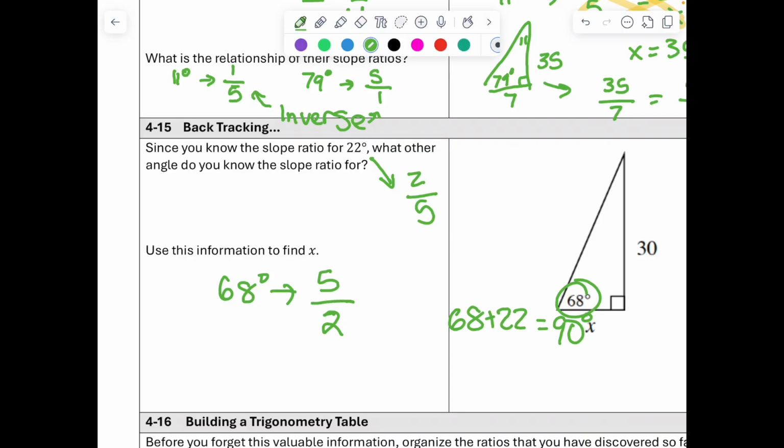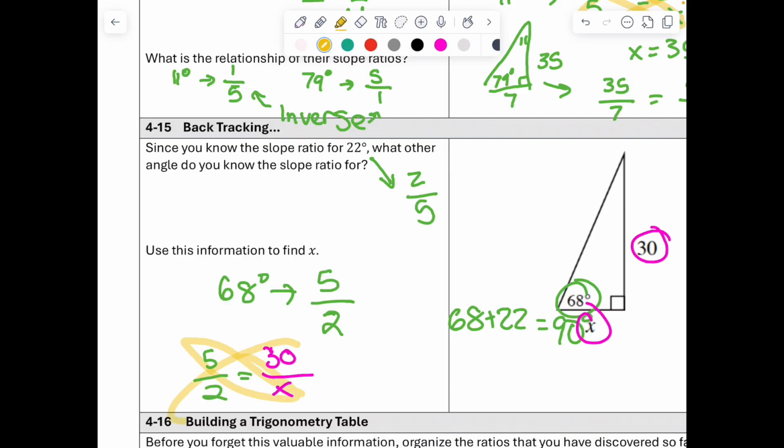So with that information, 5 over 2 should be equal to 30 over x. Then I can cross multiply. So 60 equals 5x. And x ends up being 60 divided by 5. x ends up being 12.